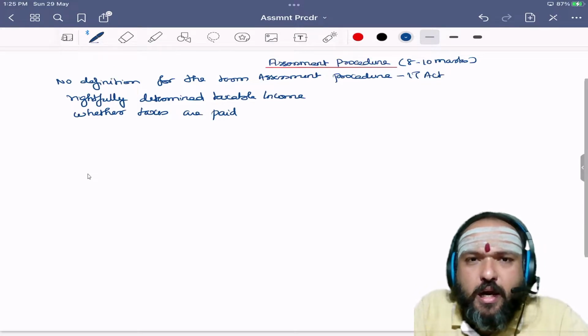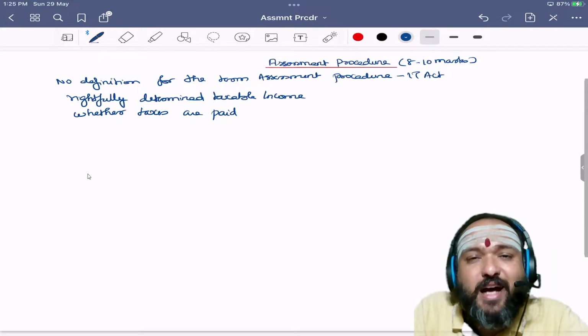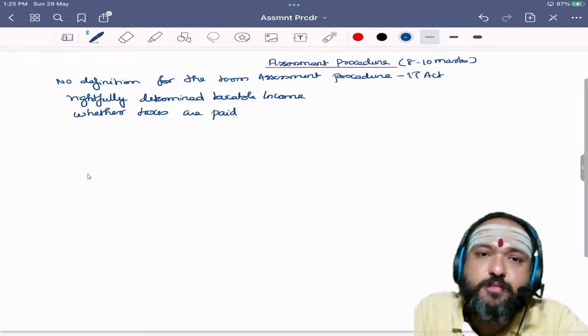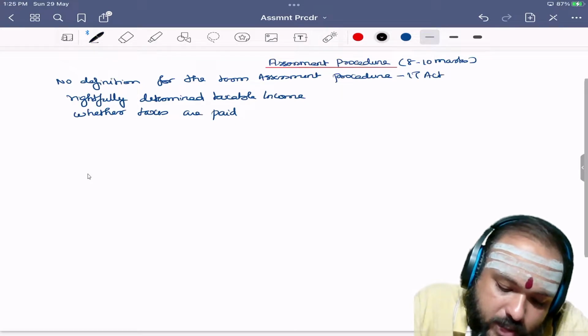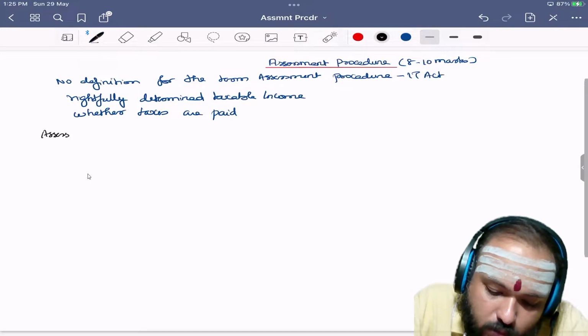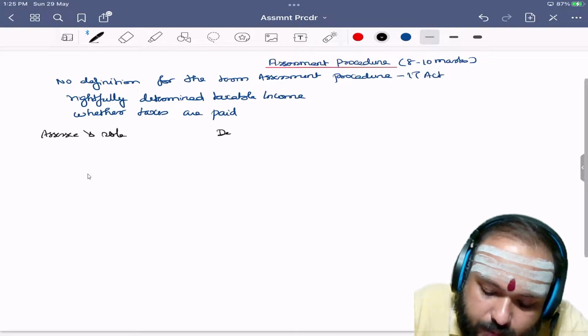So, going by this thumb rule, we can come to a consensus that the assessment procedure by itself is broken down into two aspects. So, aspect number one is assessee's role. Aspect number two is department's role.